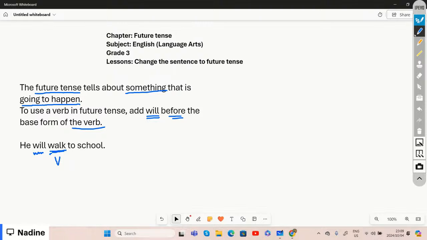In order for us to form or to use the future tense, we need to add the word will in front of the verb, or just before the verb, and that is to show the future tense.